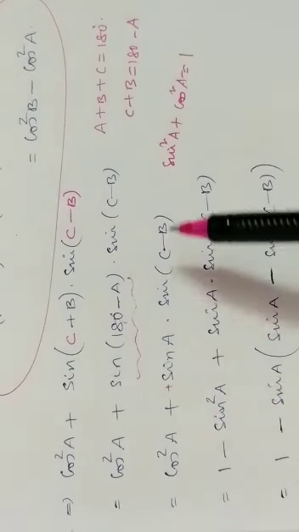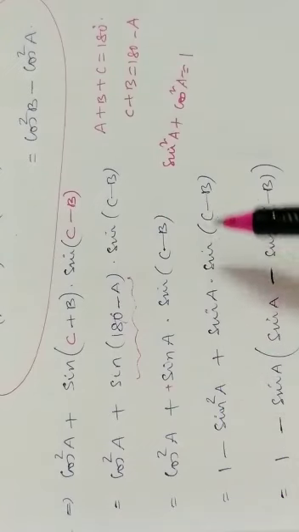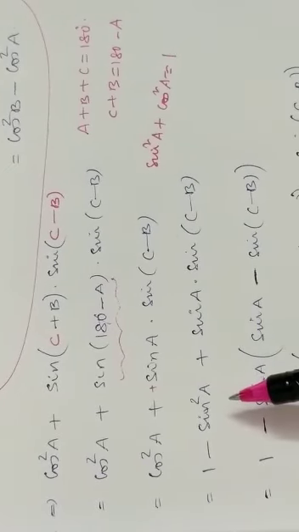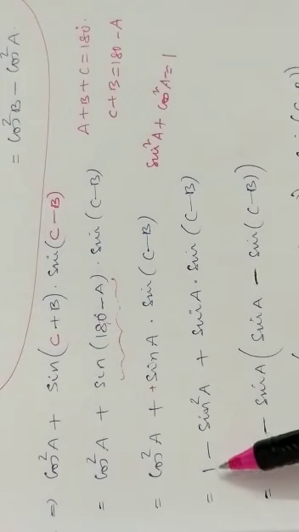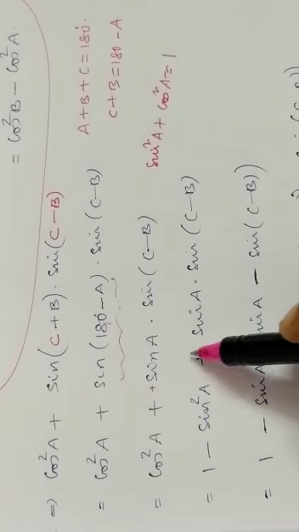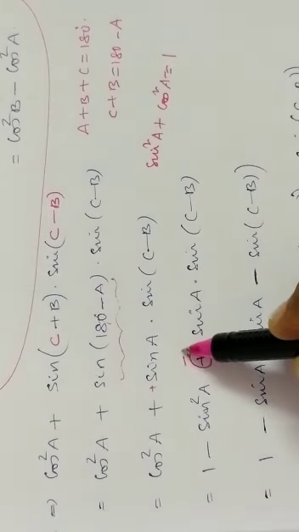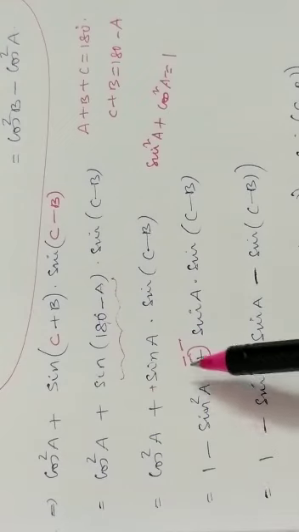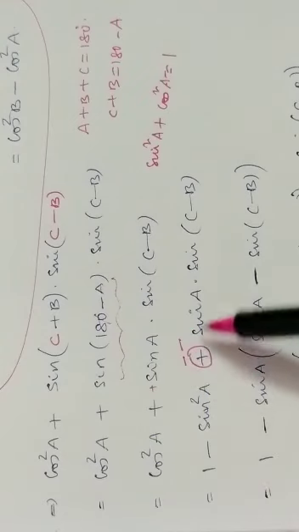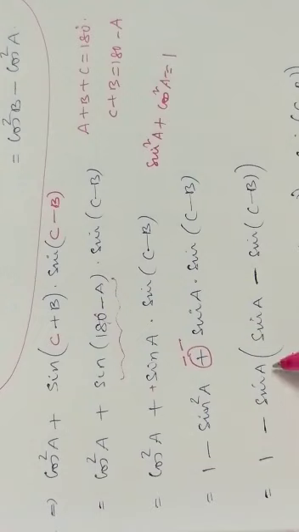The remaining is as it is, plus sin A into sin C minus B. Now I can take sin A common. 1 remains as it is, and I am taking minus also common. Minus into minus gives plus. So minus sin A, here also minus sin A. So take minus sin A common.